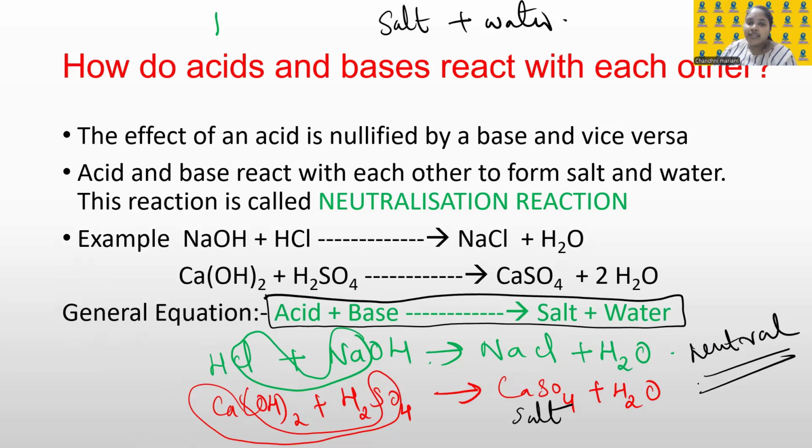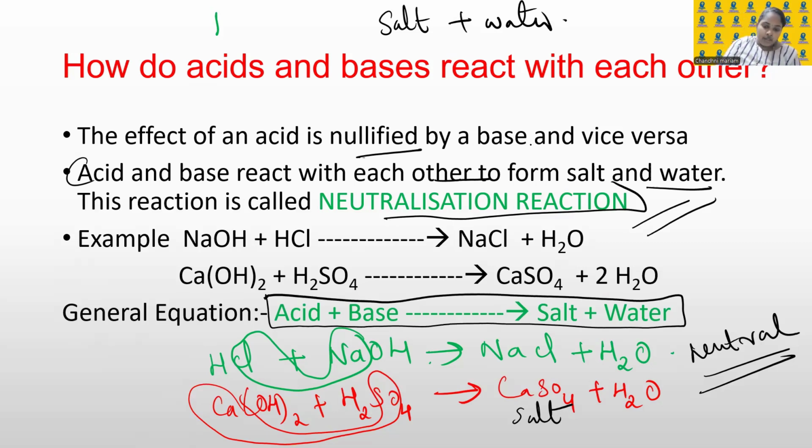That is why this reaction is known as a neutralization reaction. The effect of an acid is nullified by a base and vice versa. So acid and base react with each other to form salt and water, and this reaction is called a neutralization reaction. Is that clear to you?